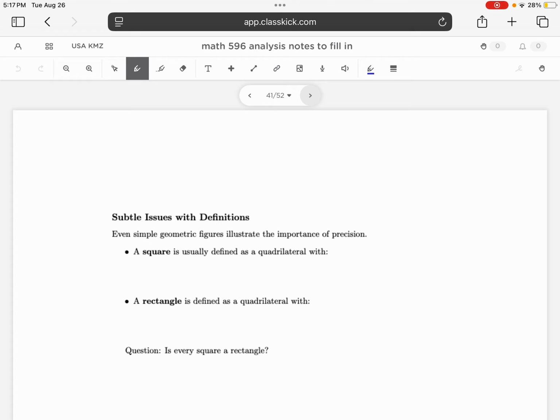So even at a very basic level, we can run into some issues. For example, if we define a square, as we often do, as a quadrilateral with 4 congruent sides and 4 congruent angles. And then we define a rectangle to be a quadrilateral with 4 right angles.